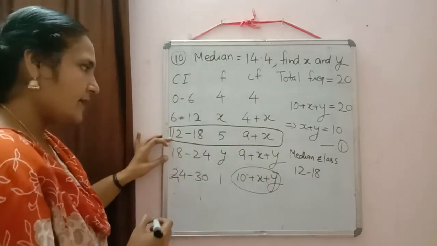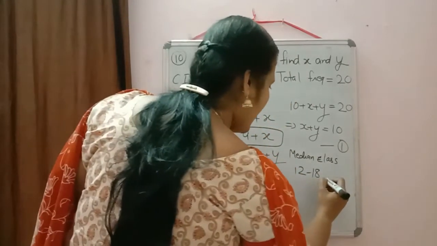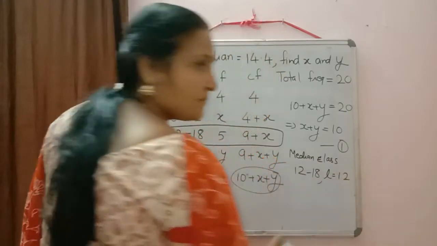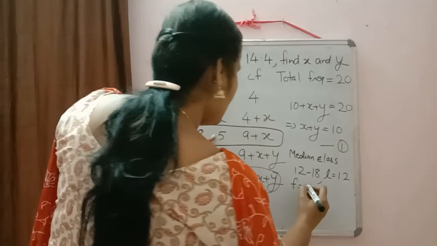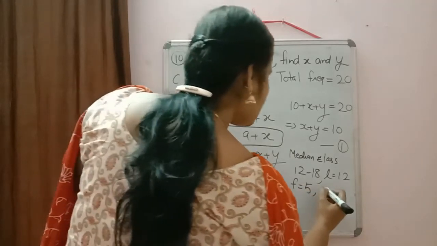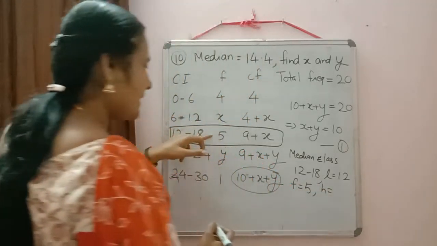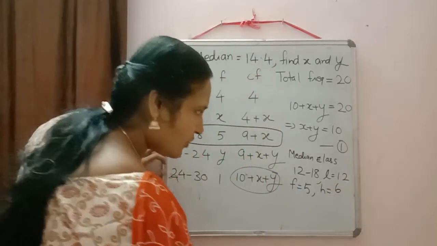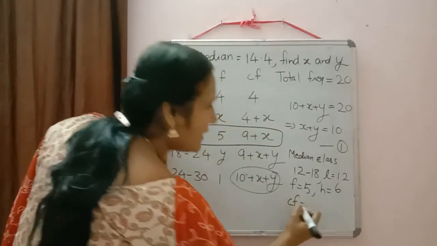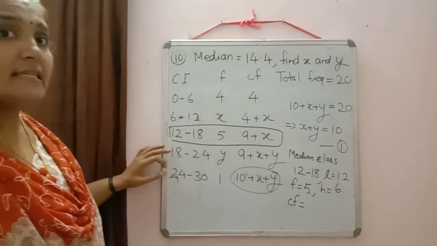Then next, again write down all the information we have. L is equal to 12. Then frequency of the median class, that is 5. Class size of the median class, H, that is 18 minus 12, 6. Then next what information is remaining? Cumulative frequency. Of which class?